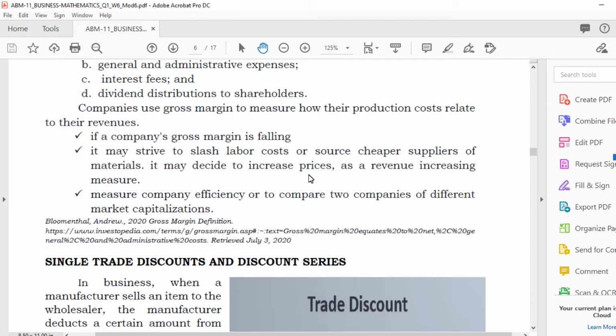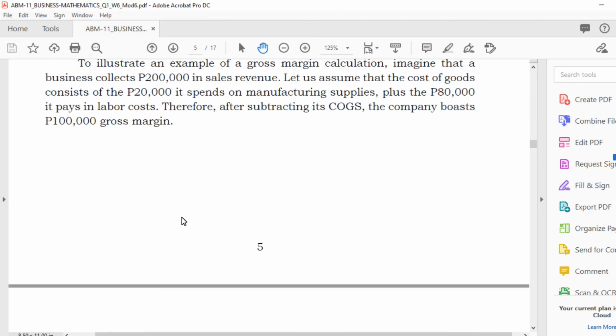It may decide to increase prices as a revenue-increasing measure, of company efficiency, or to compare two companies of different market capitalizations. So, pag nakita lang na bumababa yung gross margin, may tendency na nagbabawas sila ng tao or naghahanap sila ng mas murang raw materials para mapababa pa nila yung price. So, yun po yung gross margin.